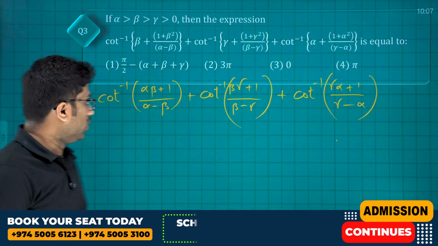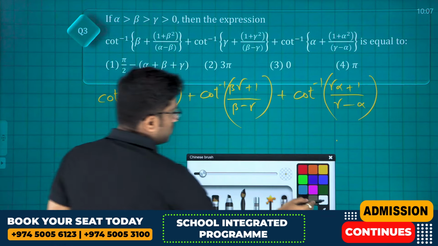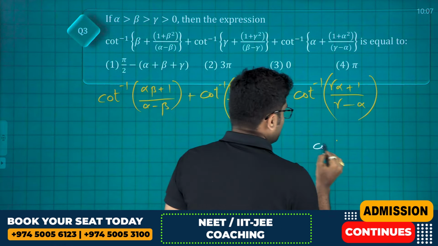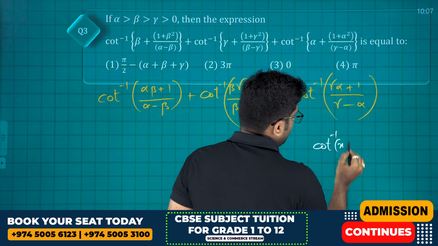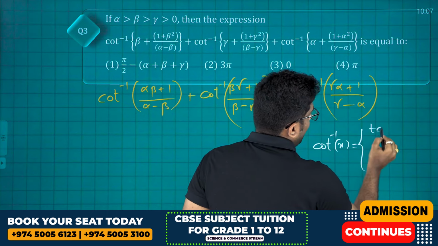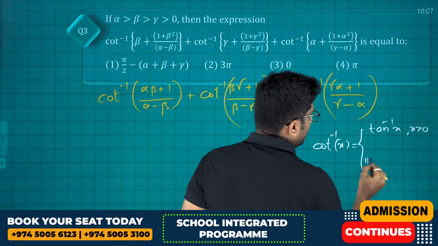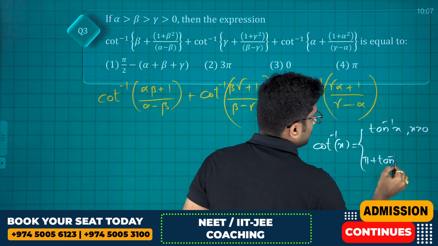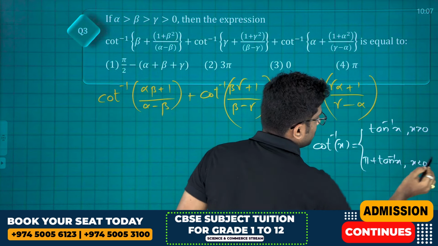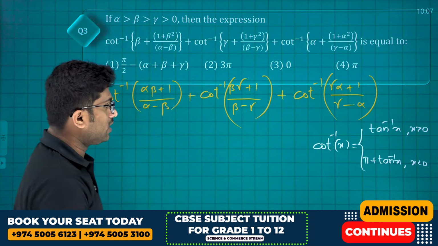Okay. Now we know cot inverse x is equal to tan inverse x if x is greater than 0, and pi plus tan inverse x if x is less than 0. This is very important friends, this is very important.